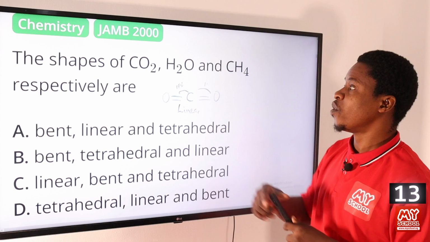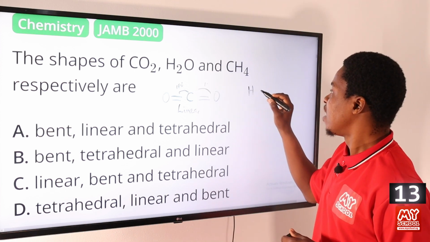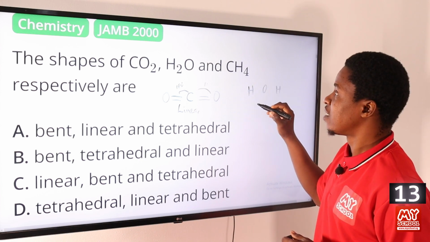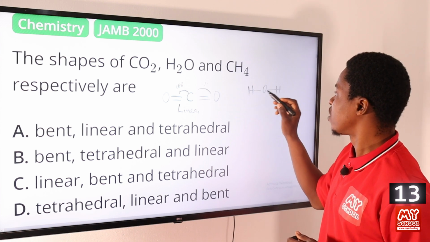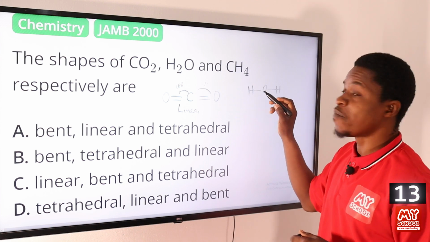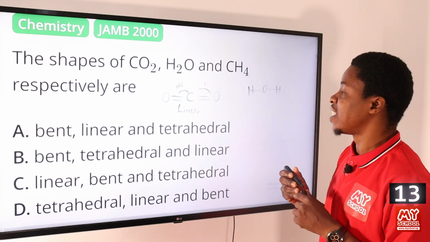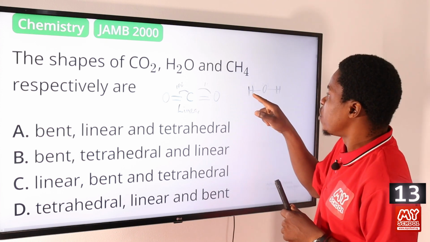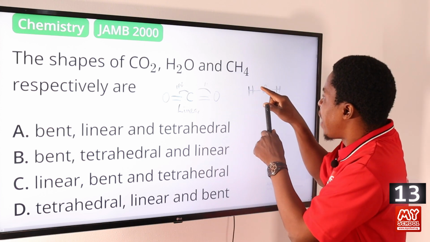Look at H2O again. We have two atoms of hydrogen, one here and another here, and then we have just one oxygen at this side. Oxygen has two bonds, hydrogen has one each. It should have been straight this way, but there is a lone pair of electrons on the oxygen. That causes repulsion, and there's a bond between oxygen and hydrogen, so these tend to bend.